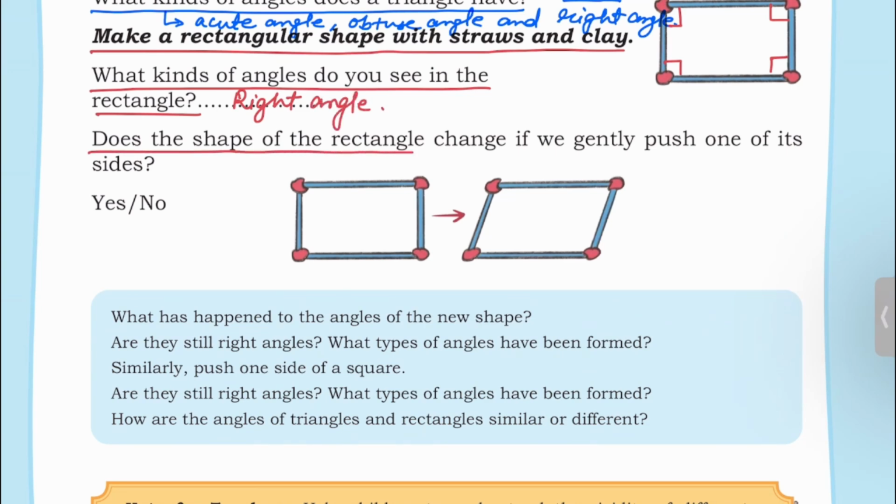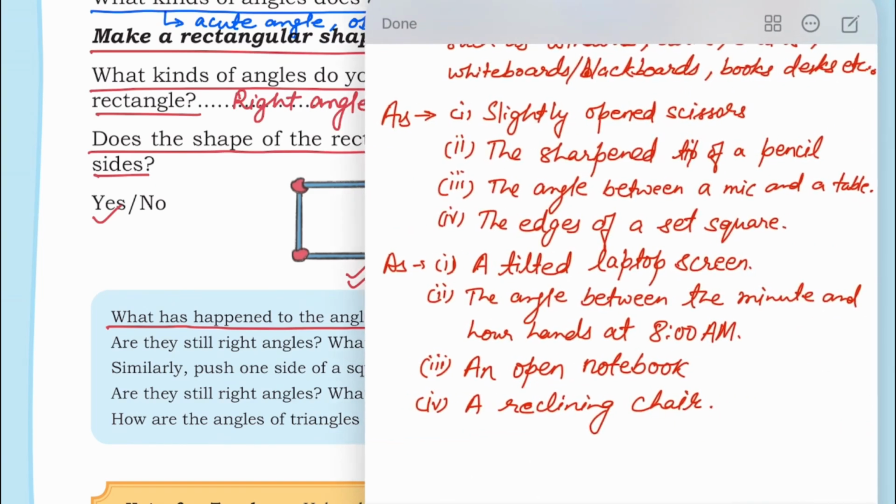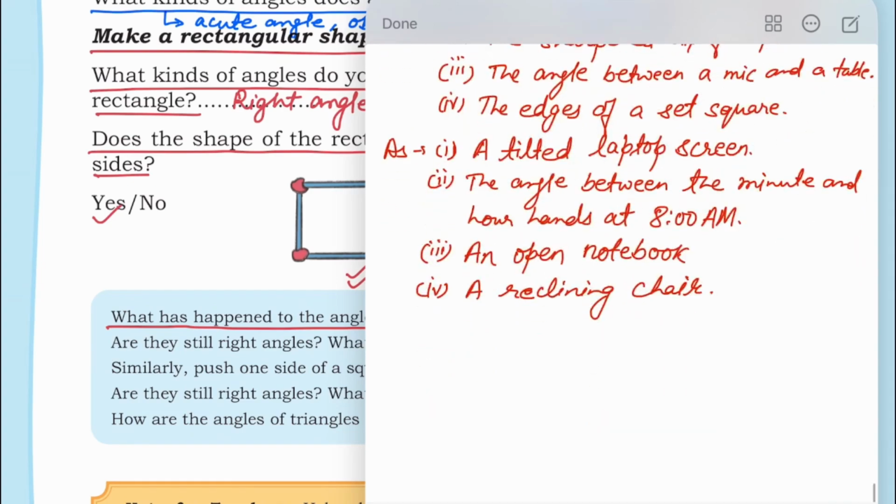Does the shape of the rectangle change if we gently push one of its sides? The answer is yes. You can see it here. The shape changes. What has happened to the angles of the new shape? The answer is the measure of angles have changed.